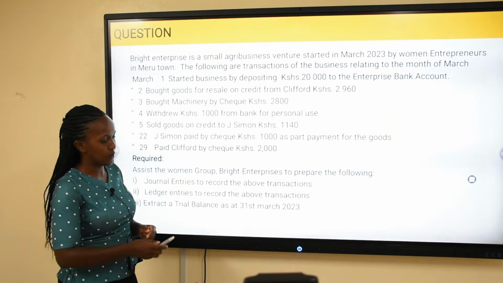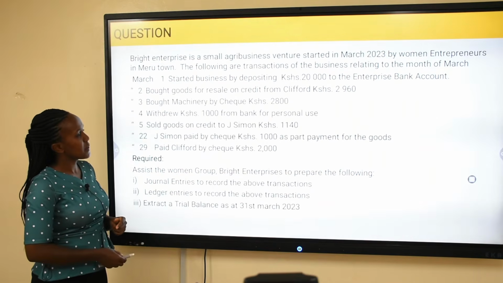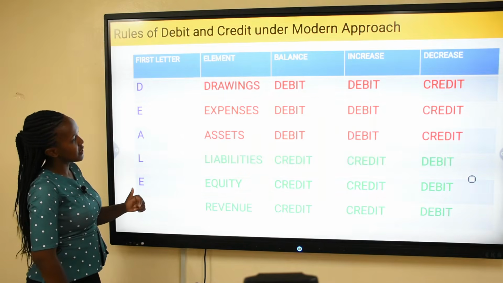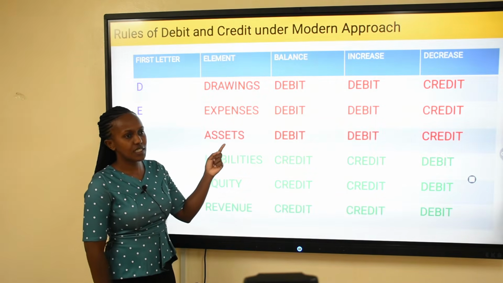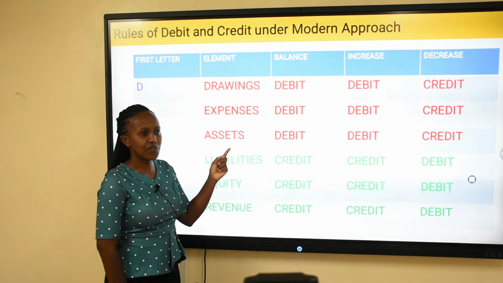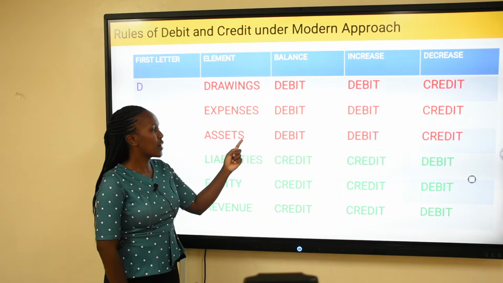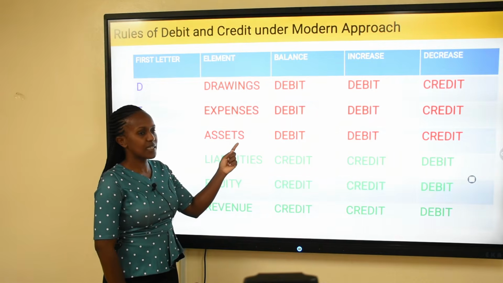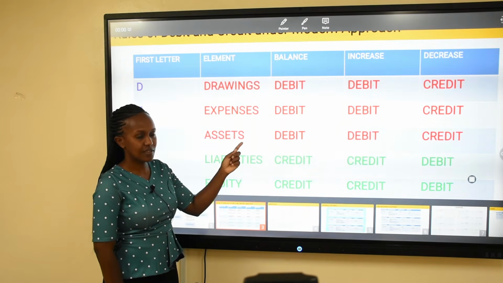So what do we do now? What we do is that we come here, again come back to our equation, we say that now our transaction is affecting two assets. One of them is increasing, the other one is decreasing. When I say two assets here, we are saying it is machinery.